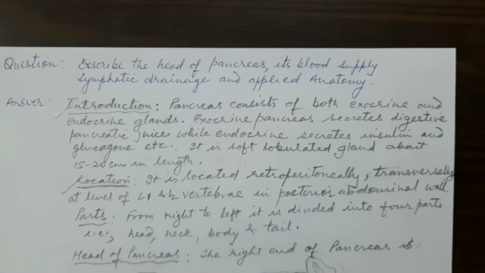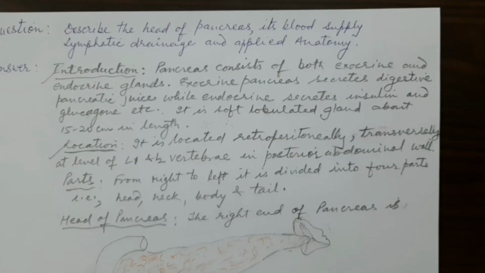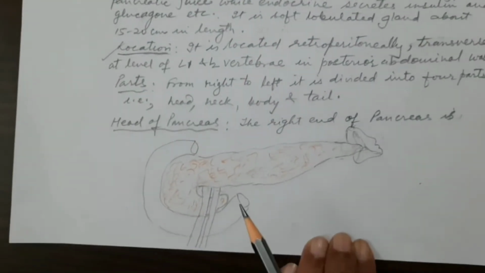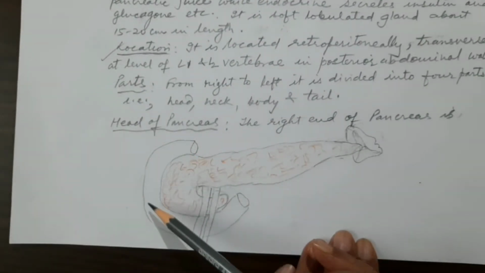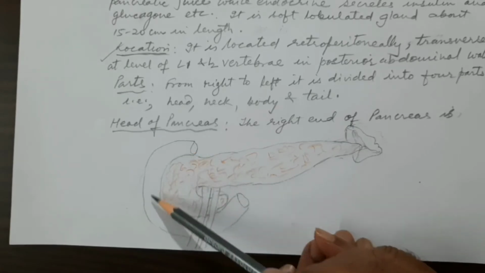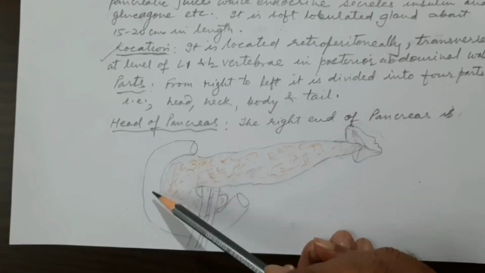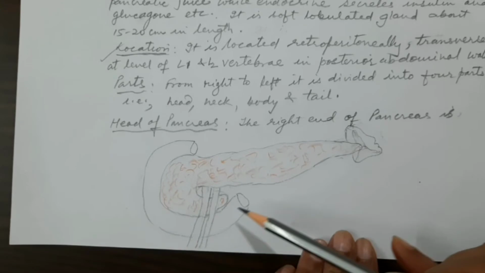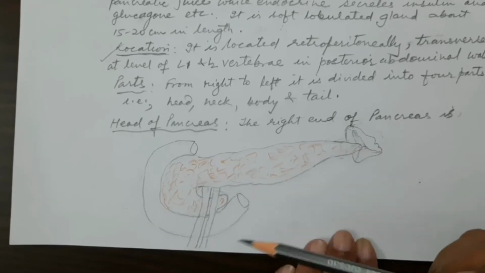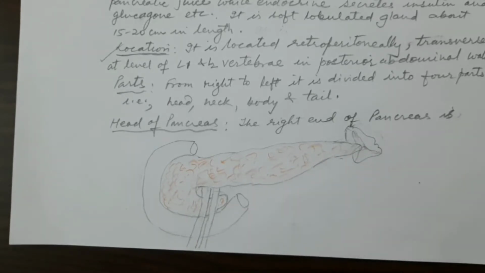Now, if you see the parts of this pancreas, from right side to the left side, in this diagram you can see the concavity formed by the duodenum: the first part of the duodenum, the second part, the third part, and here is the fourth part of the duodenum, which will continue as the jejunum.